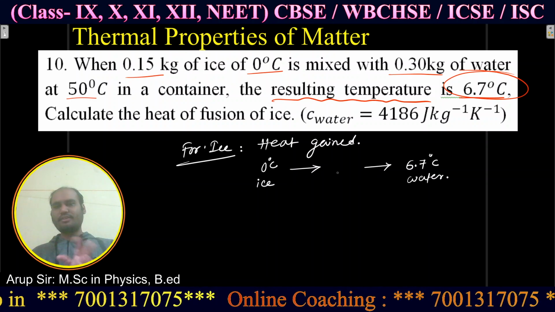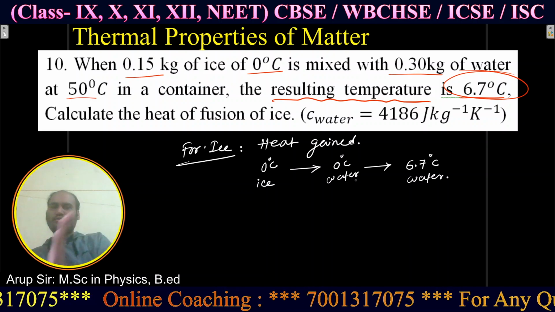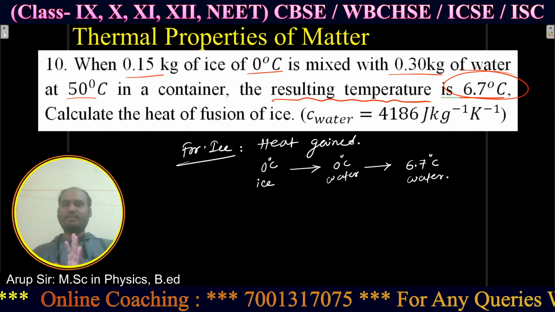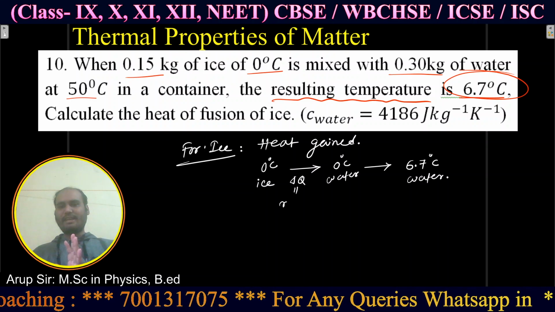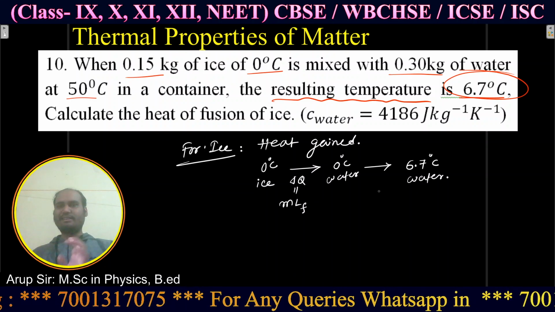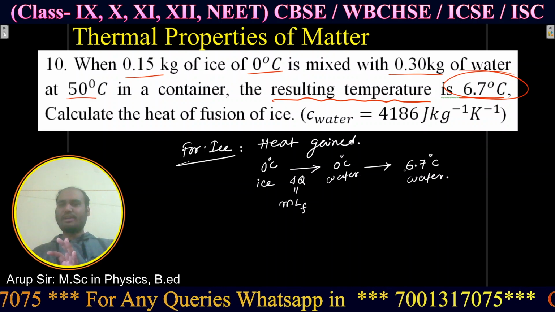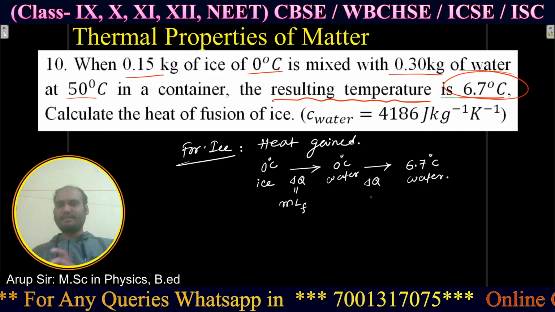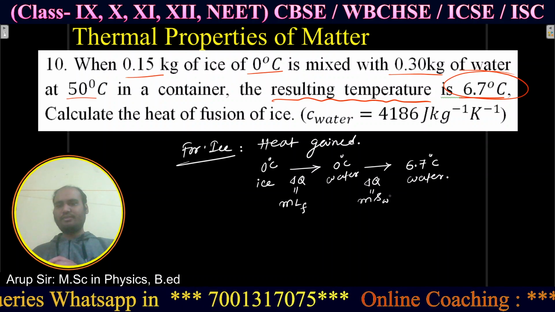That means from 0 degree ice to 0 degree water at first, then it will go to 6.7 degree water, right? So here delta Q is simply m into Lf, latent heat of fusion. And water to water simply means temperature is rising, so m into s water into delta theta.